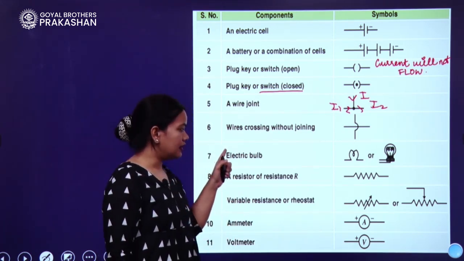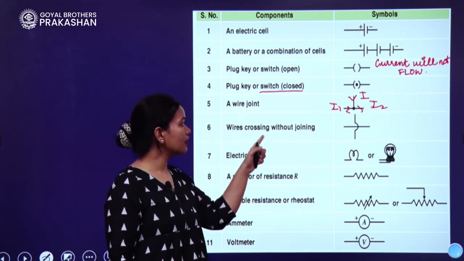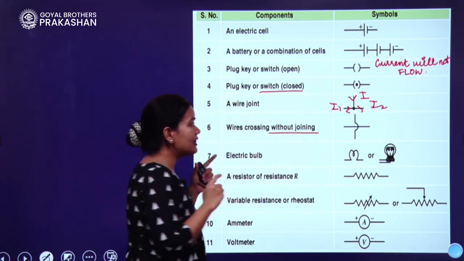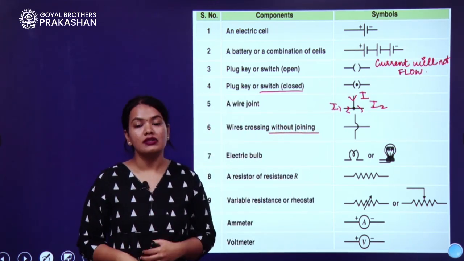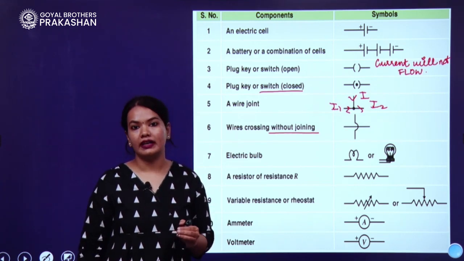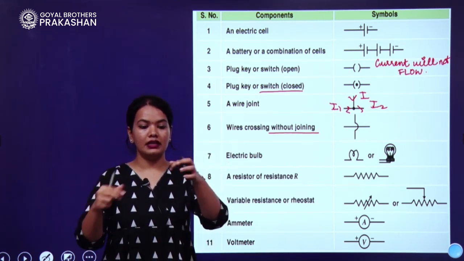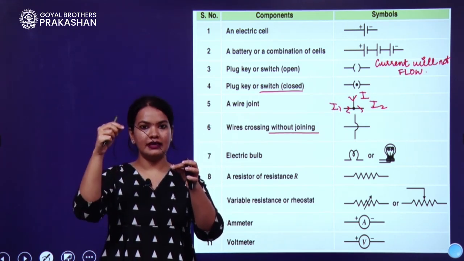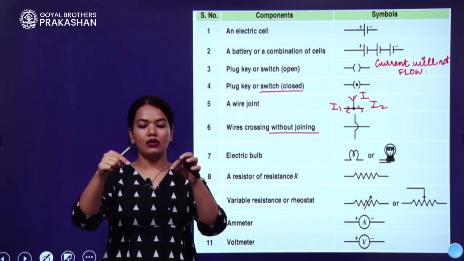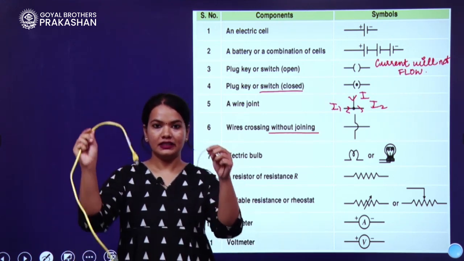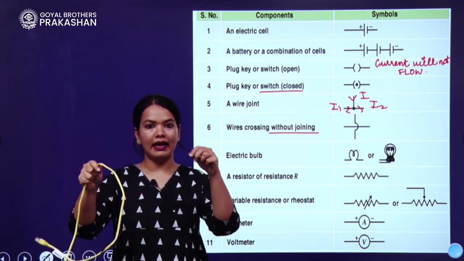Look at the sixth one. Wire crossing without joining. This is important. In this case, wires are crossing each other, but they are not joining, right? Let's say we have two groups of wires. Let's assume that, okay? Now, in this particular representation, let's say you have these two wires, a yellow wire and a black wire.